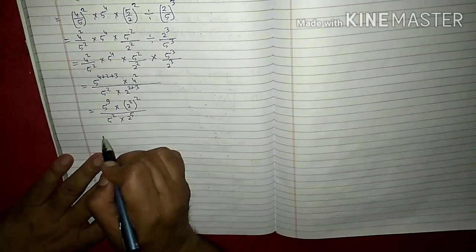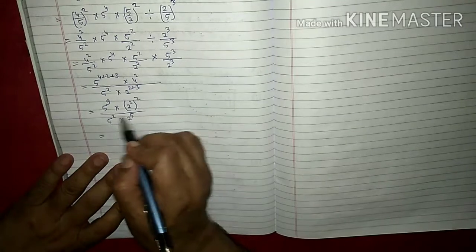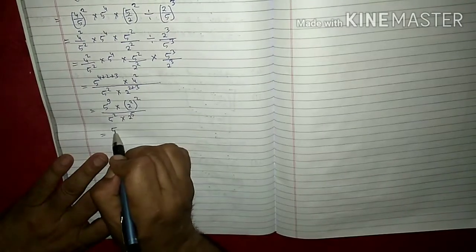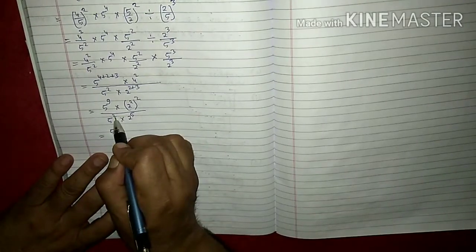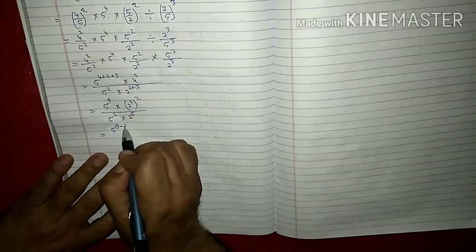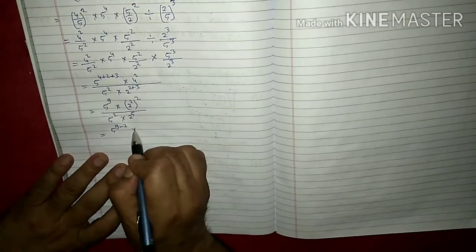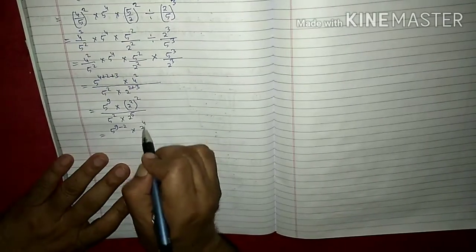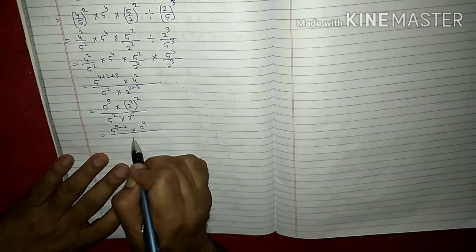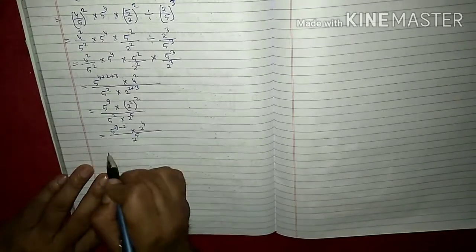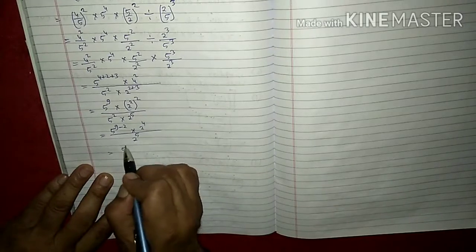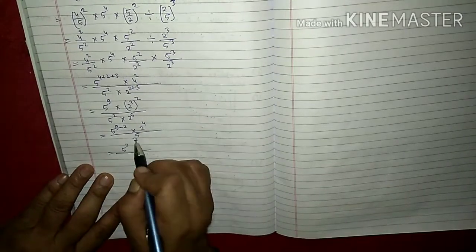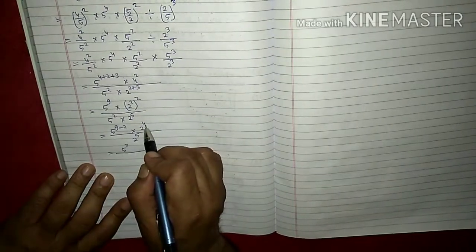After that, (5/9) plus 2, it will be negative. (2/4) upon (2/5), (5/7), (2/5), (2/4).